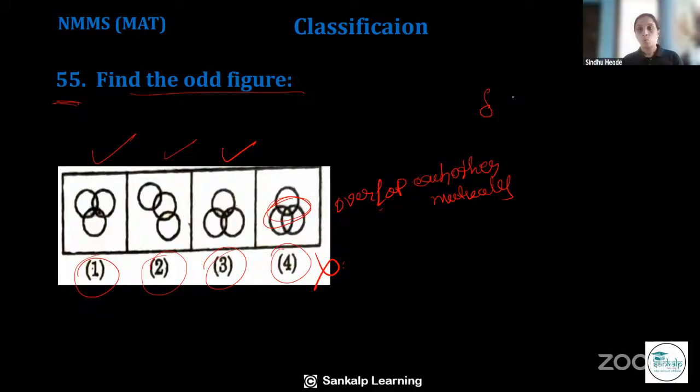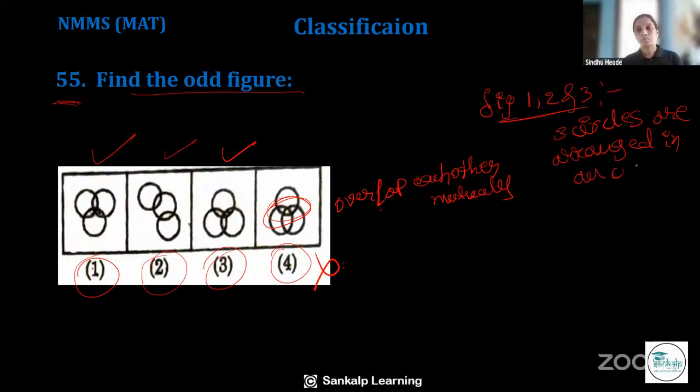Figures 1, 2 and 3 follow the pattern as all the 3 circles are arranged in an open chain pattern. Only this figure 4 breaks this pattern. Here the circles are not arranged as an open chain. They are arranged so that they overlap each other mutually. So here the answer is 4.